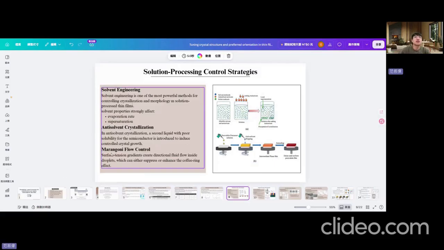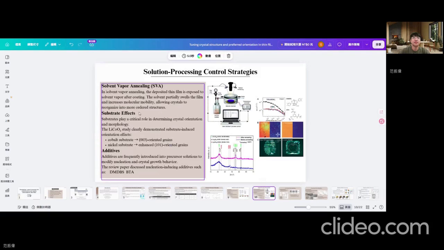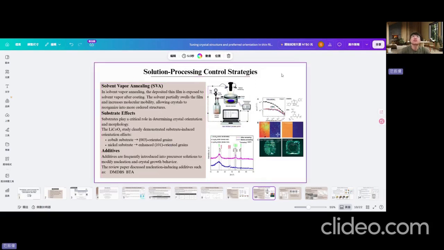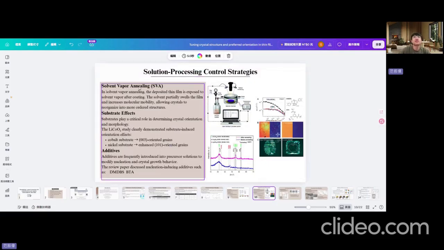And the final is Marangoni flow control. This approach improves the film uniformity, out-of-plane alignment, and crystal orientation. Okay, and then about the solution process control strategy, we use solvent vapor annealing, which means SVA.